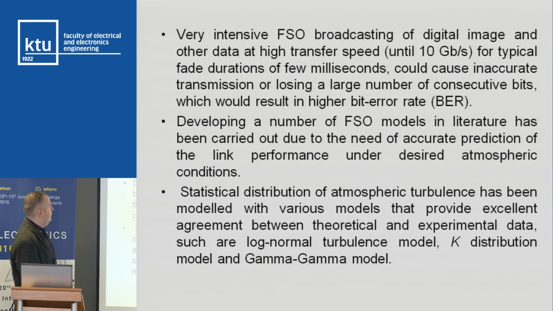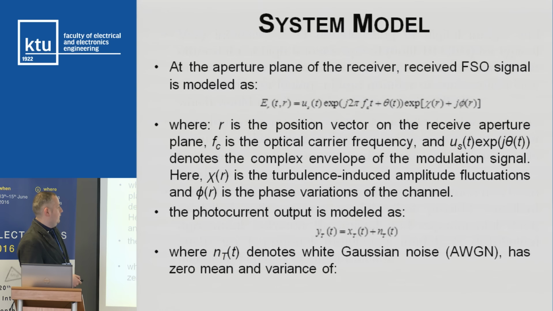And we have observed this Rician scintillation model, and we have observed the transmission of a double watermarked image. And this is the system model, how the signal is transmitted.